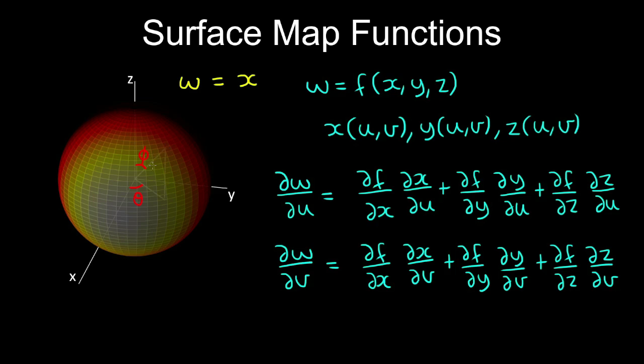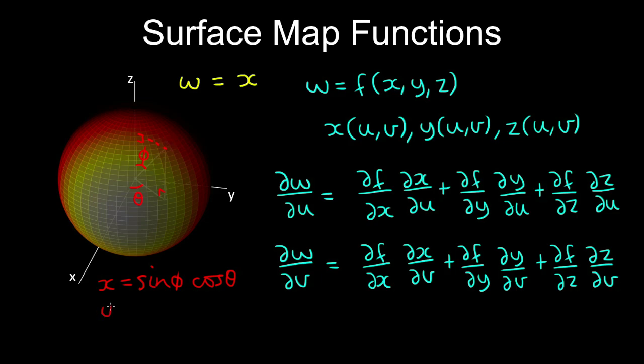So if we take the radius sine phi, then we get this distance over here, which is the length of the projected radius in the xy plane, and taking this value cosine theta gives the x coordinate of that point.